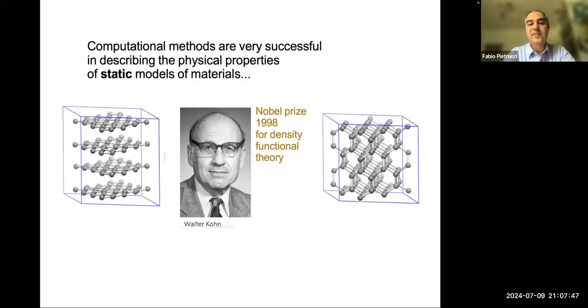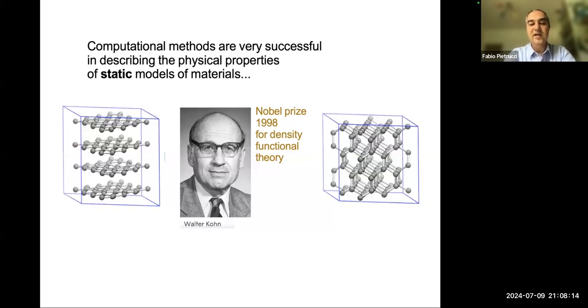So let me start from this slide where I wanted to point out, as you know very well, that today we have computational methods. I don't enter into details, but here we have density functional theory, for example, in the picture of Walter Kohn. We have different computational methods that are very successful in describing a large range of physical or chemical properties of materials, let's say. For the moment, let's remain on solid materials.